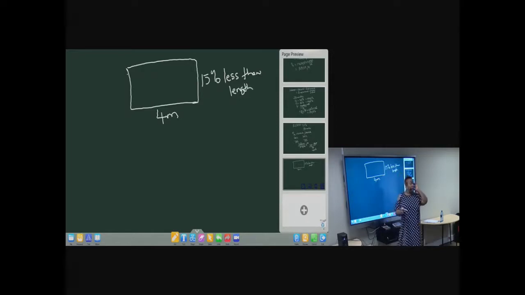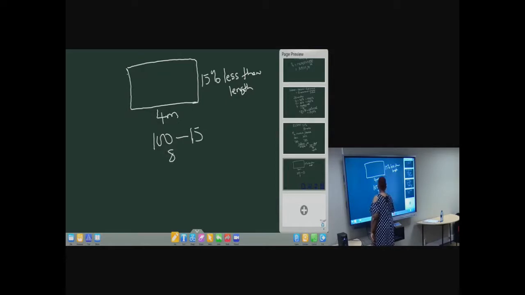So before you can start calculations now, you have to calculate your own dimensions. But now you are calculating your own dimensions using your understanding of percentages. Now if it's 15% less, it means from your 100 you have minus 15.